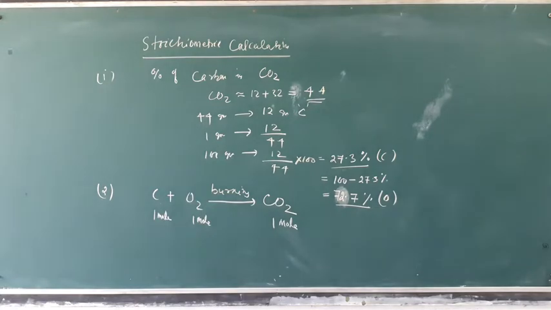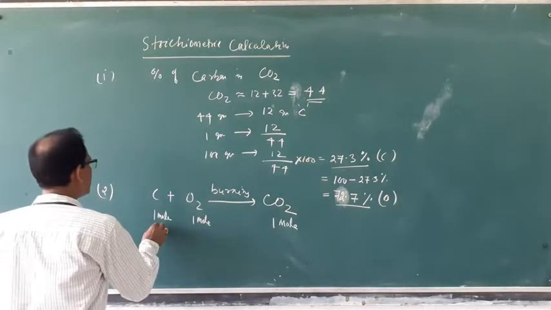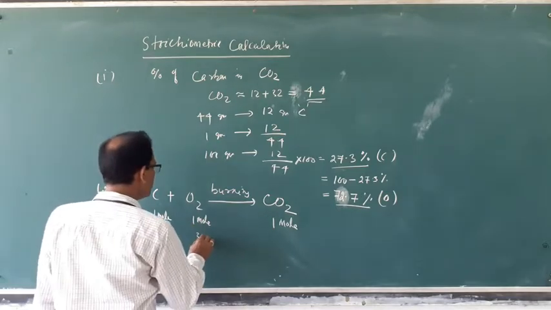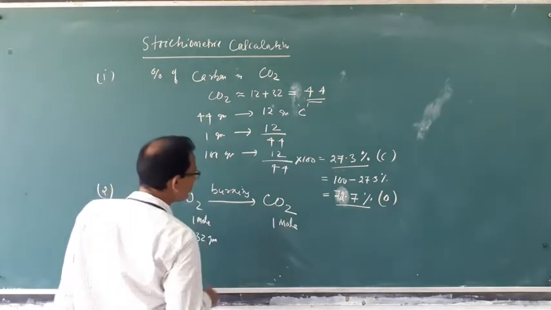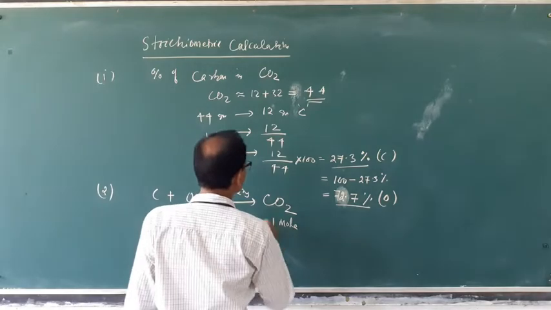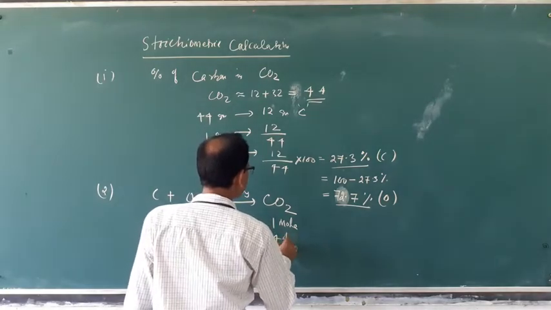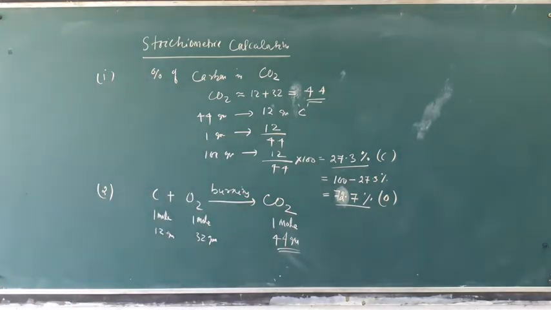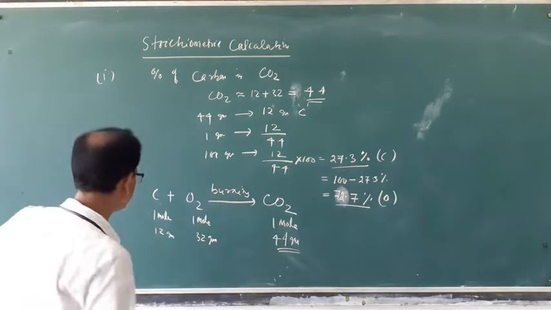If you convert into gram, 12 gram carbon reacts with 32 gram oxygen to produce 44 gram CO2.